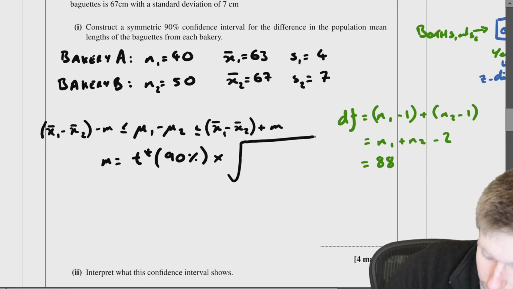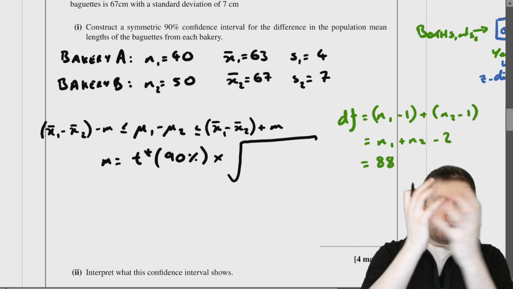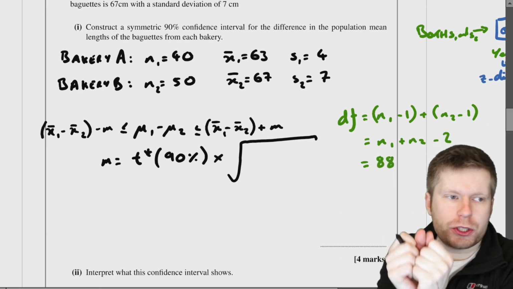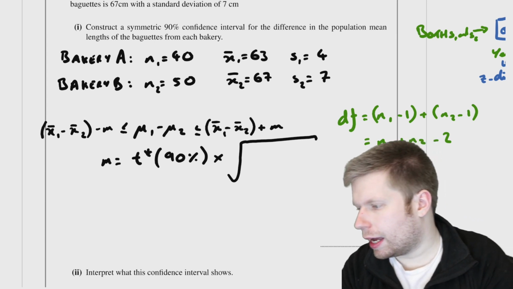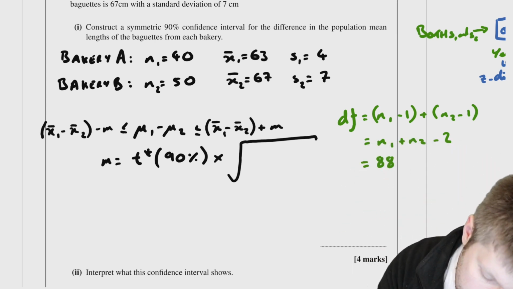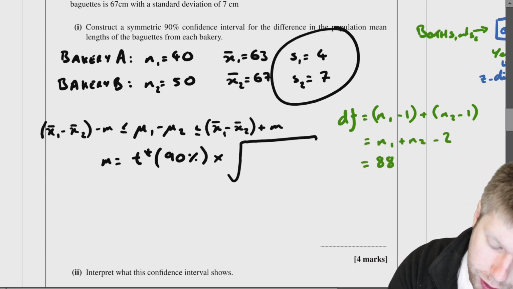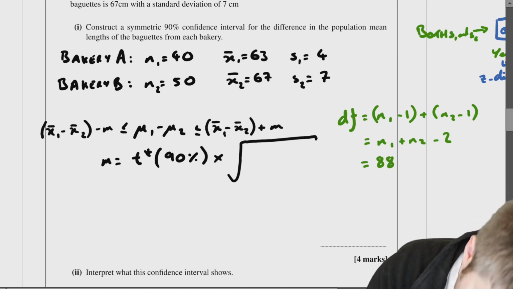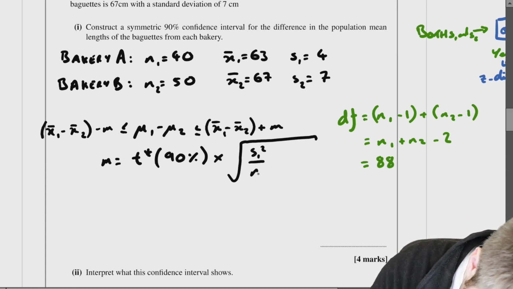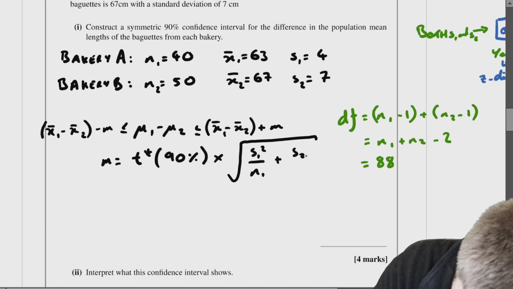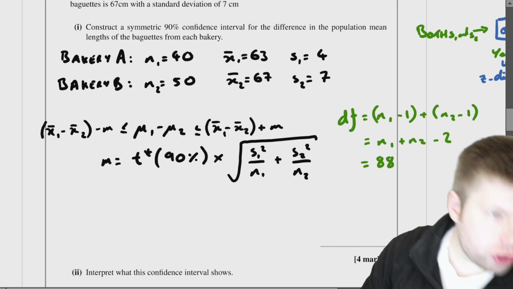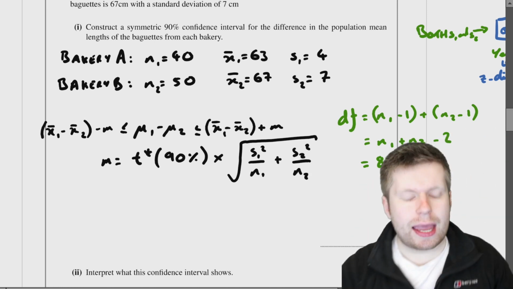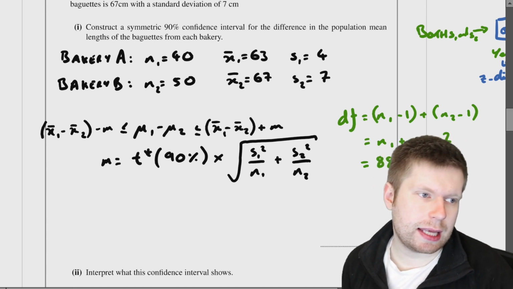Now the standard error of 2 samples put together, and again we proved this in one of the lectures, is equal to, well in this case I only know S1 and S2, so it's not going to be sigma, but it's going to be the square root of S1 squared over n1 plus S2 squared over n2. And if you're interested in where that came from, we derived that in the lecture for this theme.